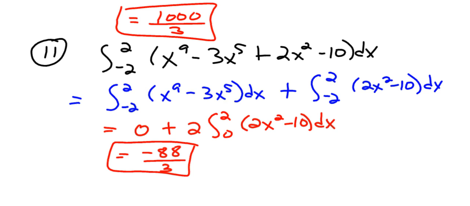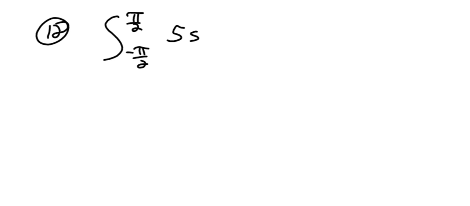Let's do another one that's with a trig function. Number 12, I have from negative pi over 2 to pi over 2 of 5 sine x dx. If we remember our trig functions and how they graph, I know sine x is an odd function, and I don't even have to do any calculations.